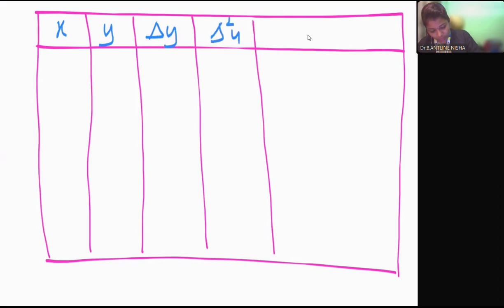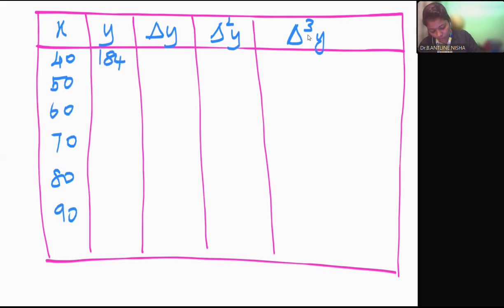What are all the x values given? 40, 50, 60, 70, 80 and 90. Okay, next the y values are 184, 204, 226, 250, 276, 304. Okay, now we can find the difference between these values.